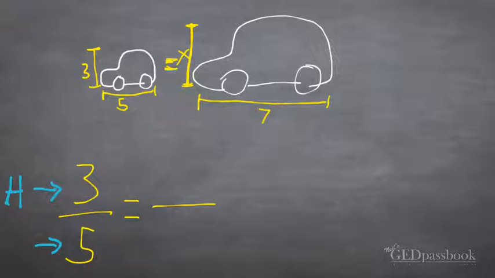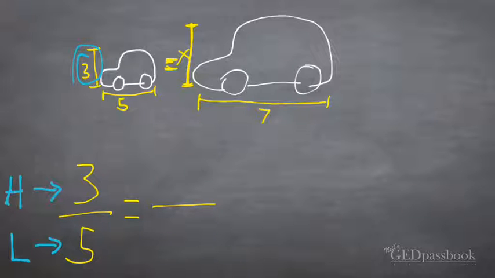What does the 5 represent? Length. Right? So that's our first ratio, height and length. This whole top part is designated now for the height. And this whole bottom part is designated for the length.